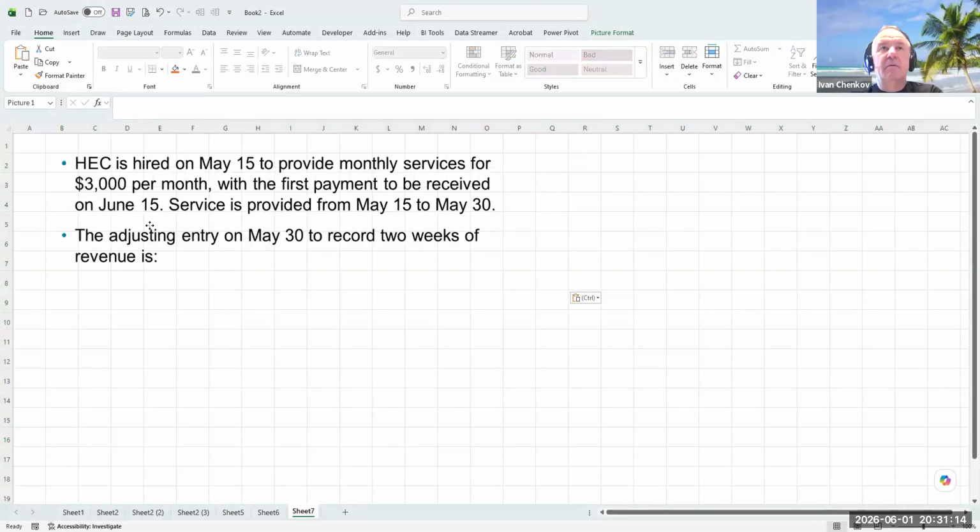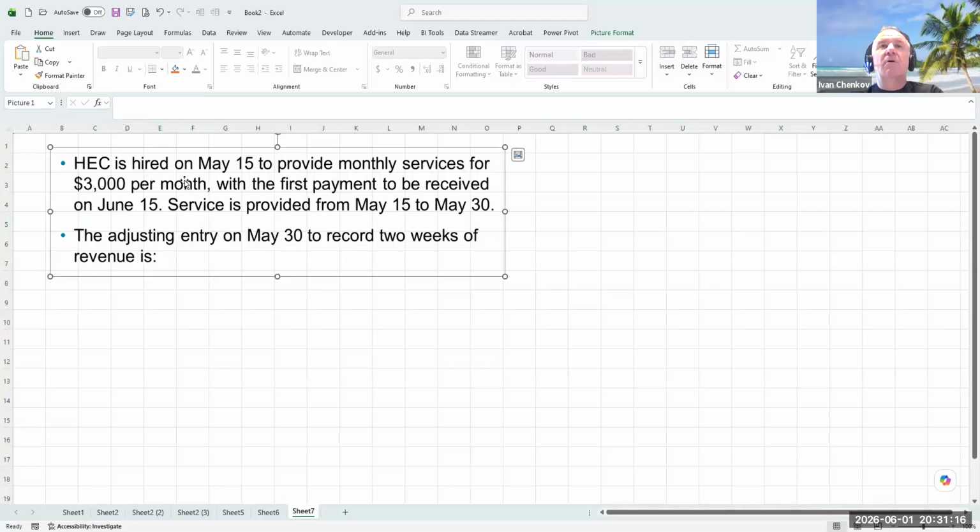And this company is hired on May 15 to provide the monthly service for $3,000 per month, with the first payment to be received on June 15th. Service is provided from May 15 to May 30th. Now, the adjusting entry for May 30 to record the 2 weeks of the revenue is, what will be that?